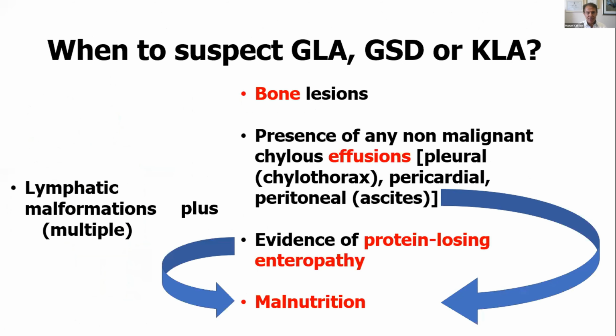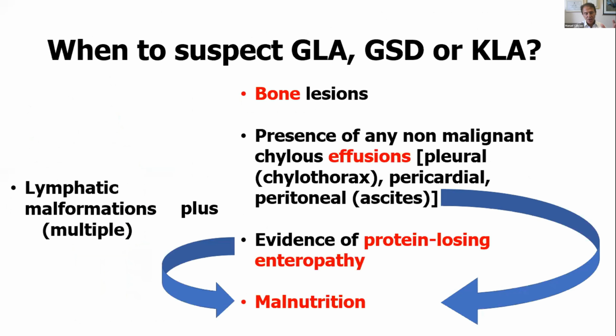When do you suspect these three conditions, GLA, GSD, or KLA? Well, when you have multiple lymphatic malformations, so multiple tissues are involved, not just one, and you then have any of these things: bone lesions, effusions, like a pleural effusion or a pericardial effusion or a peritoneal effusion, and you have protein-losing enteropathy.